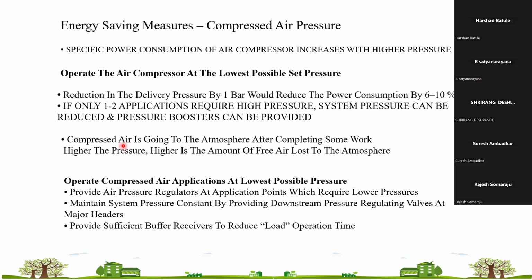The volume at 8 bar is on the lower side, but the pressure is on the higher side. You need to set your compressor at 8 bar, but your 4 bar volume requirement is on the higher side, so your entire volume is generated at 8 bar. So you can segregate the high pressure and low pressure requirements.